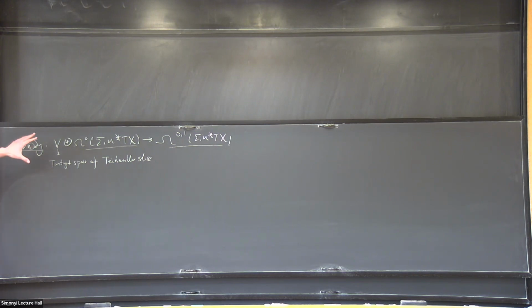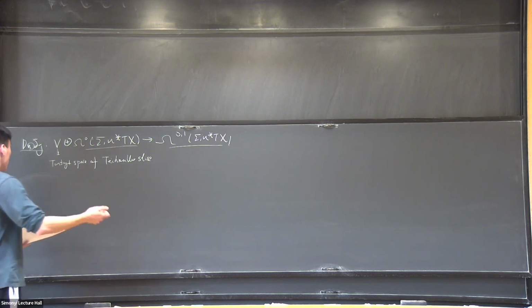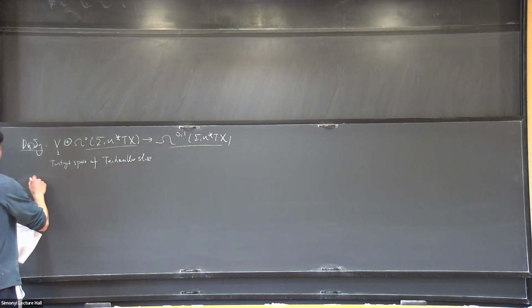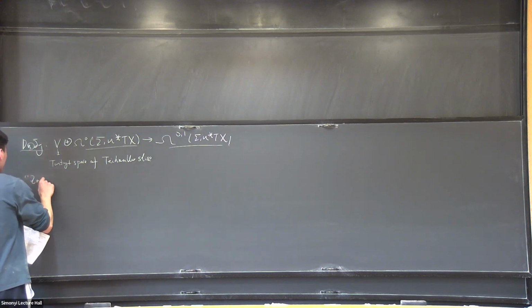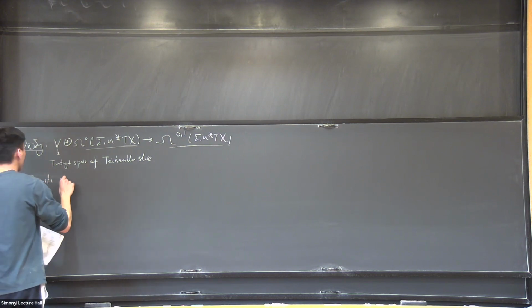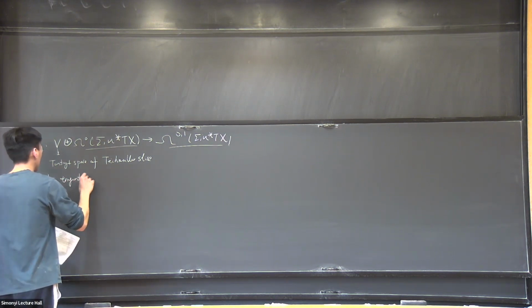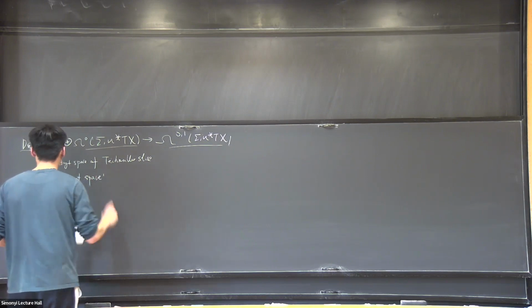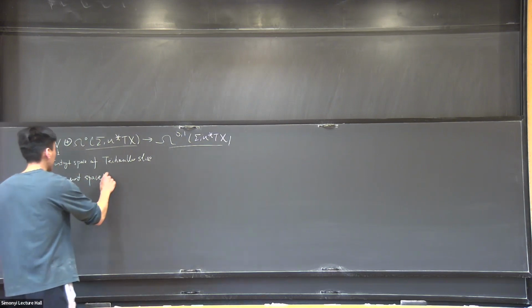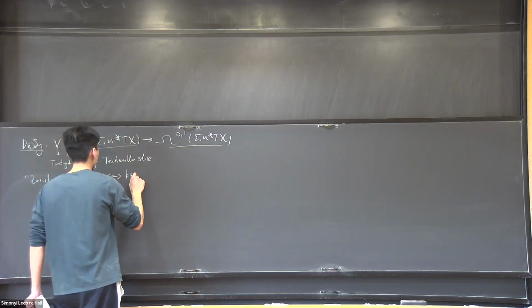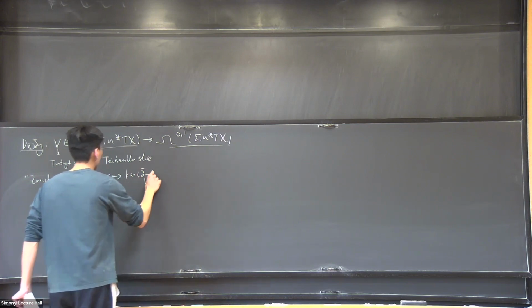So this is the target and domain of our linearized operator. We can call this maybe the Zariski tangent space. The moduli space of holomorphic maps is the space of kernels of this operator.